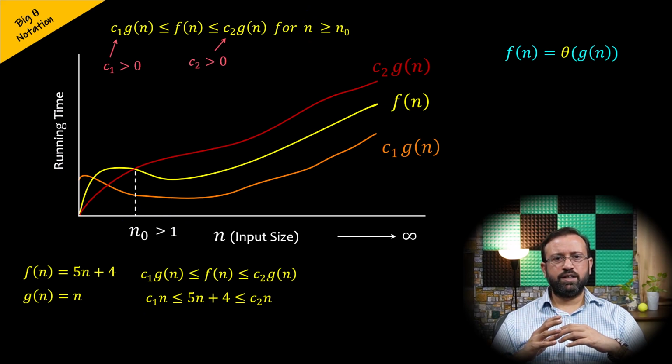We can consider the possible choice of c1 as 1 and c2 as 6 and n as 5.